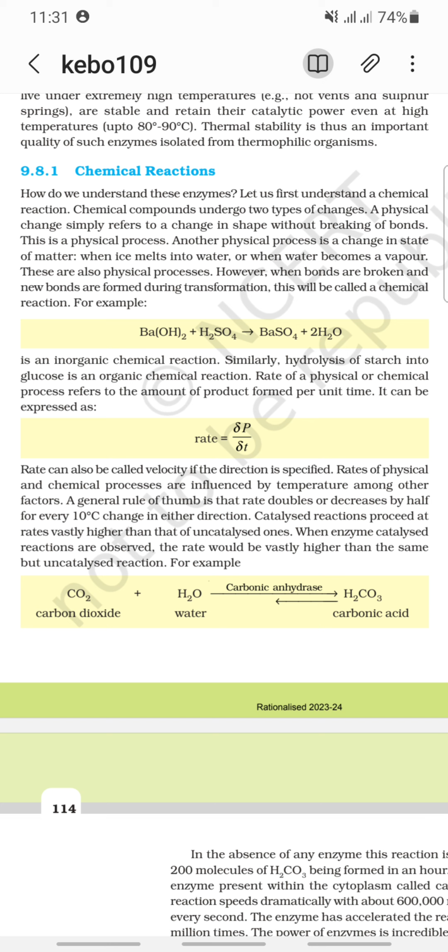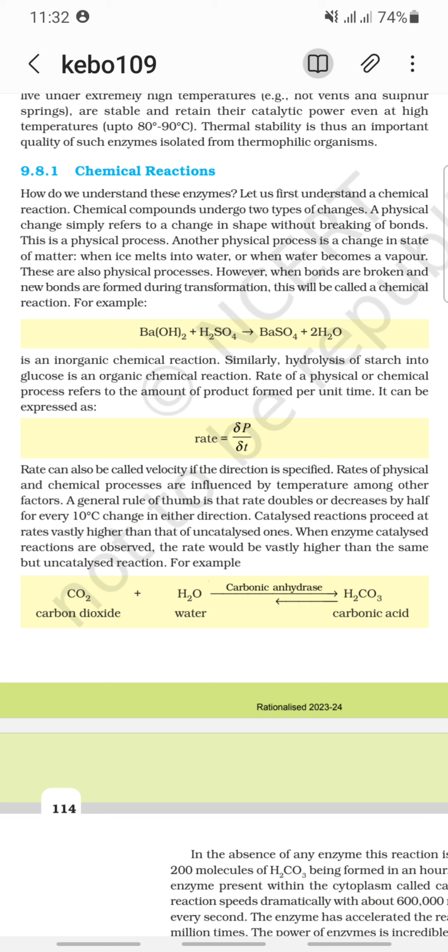It can be expressed as rate equals delta P over delta t, directly proportional to the change in product and inversely proportional to the change in time. Rate can also be called velocity if the direction is specified. Rates of physical and chemical processes are influenced by temperature among other factors. A general rule of thumb is that the rate doubles or decreases by half for every 10 degrees Celsius change in either direction.